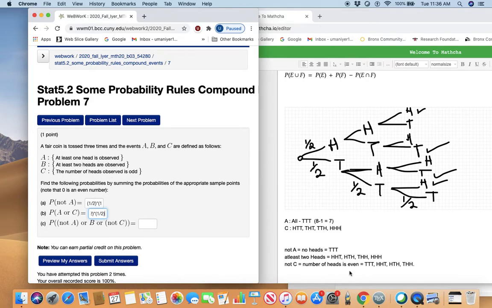So not C is number of heads is even. TTT. So there are 2 heads. So notice all these are repetition of what happened previously. TTT is here. HHT, HTH, and THH, they are here. So I don't need to count these again.